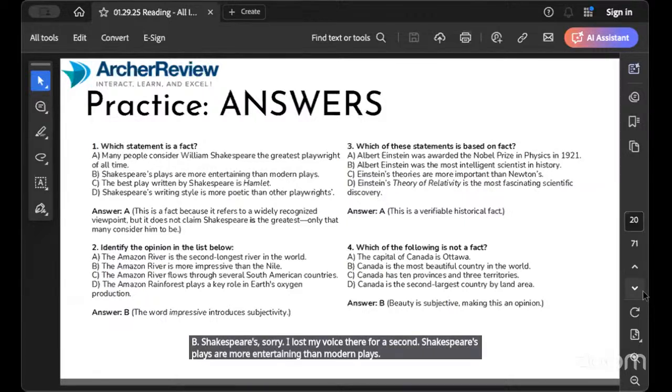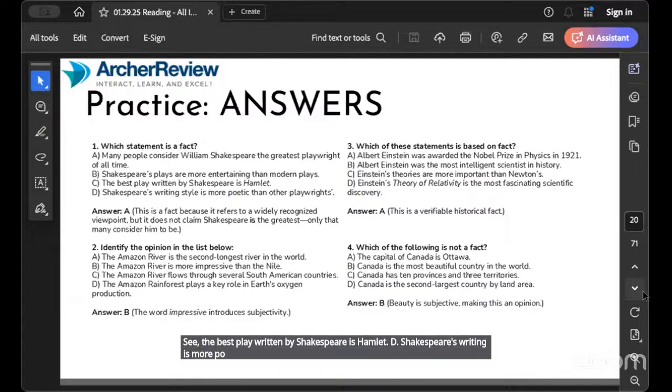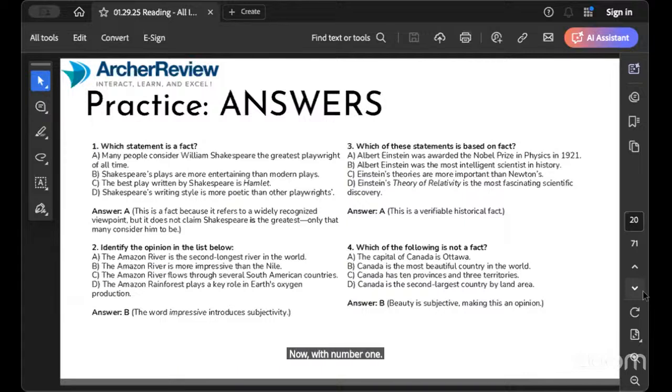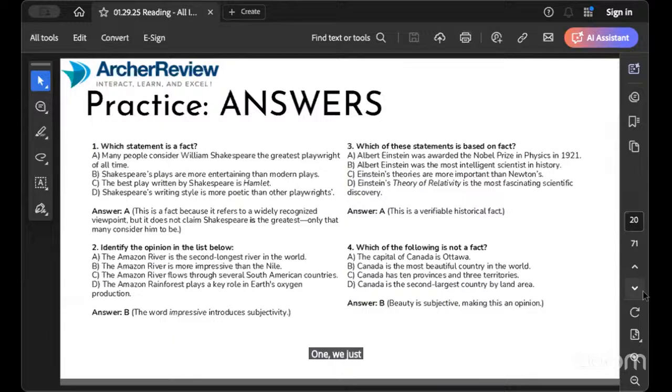C, the best play written by Shakespeare is Hamlet. D, Shakespeare's writing is more poetic than other playwrights. Now with number 1, this is a very tricky one. If you got this wrong, please do not sit there and beat yourself up. We just reviewed all this. You're just learning this, so don't beat yourself up.